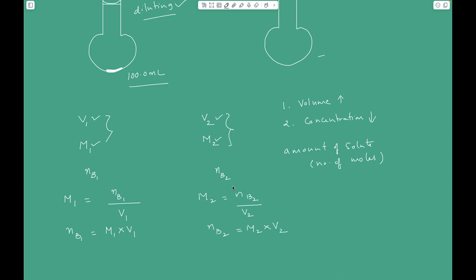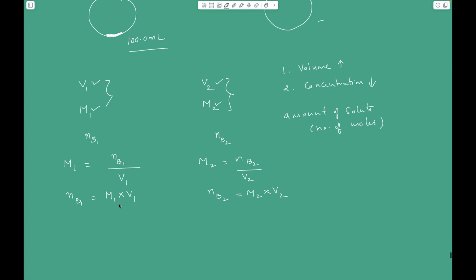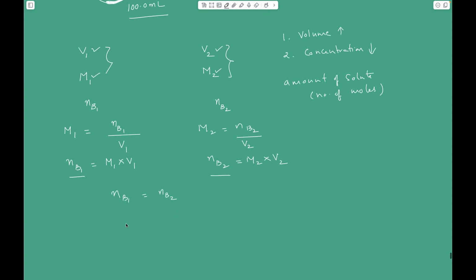Now, as we just discussed, during the dilution process, the amount of solute does not change. So, the number of moles of solute must be the same before and after dilution. So, nB1 must be equal to nB2, or in other words, M1 times V1 must be equal to M2 times V2.